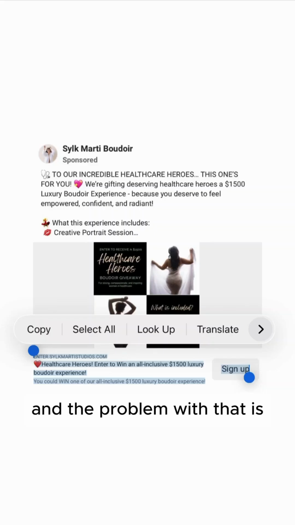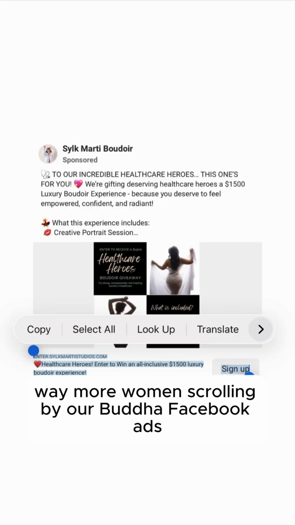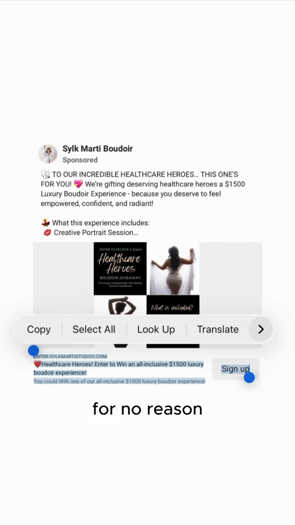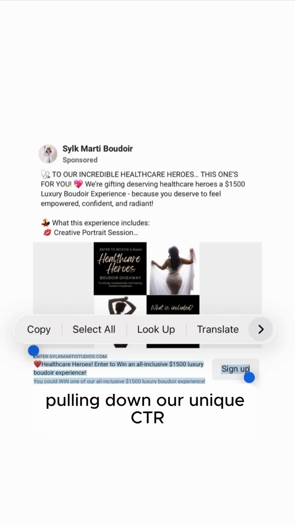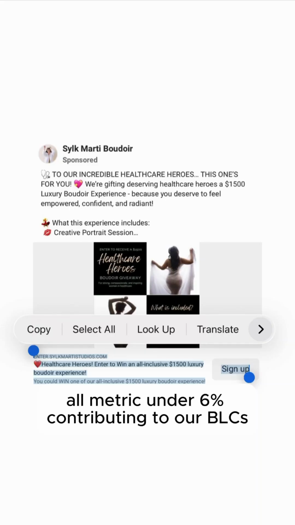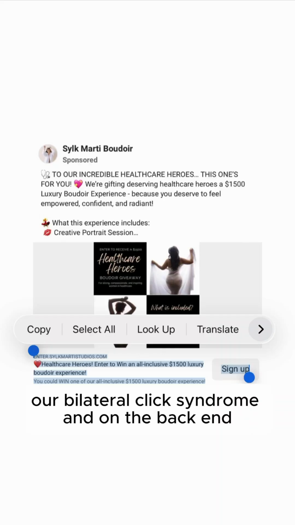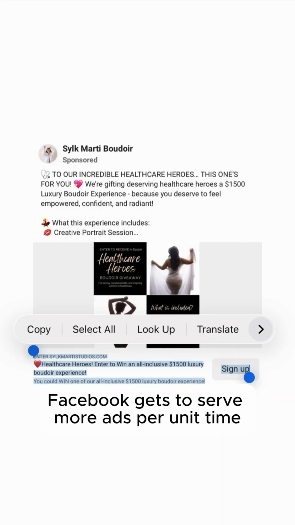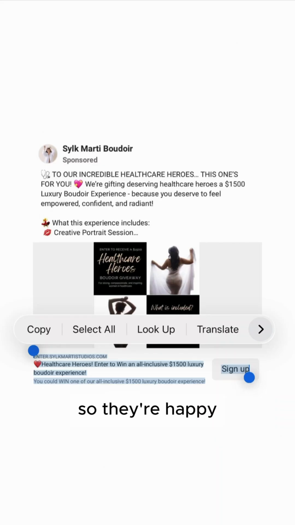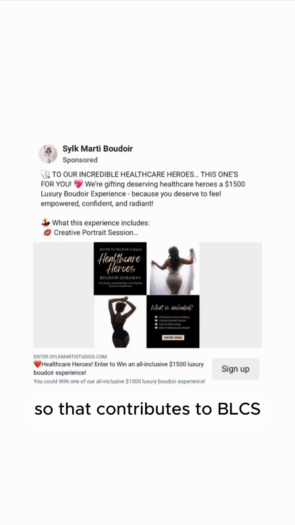And the problem with that is the consequences it causes, which is way more women scrolling by our Boudoir Facebook ads for no reason, pulling down our unique CTRL metric under 6%, contributing to our BLCS, our Boudoir low click syndrome. And on the back end, Facebook gets to serve more ads per unit time, so they're happy. And we got fleeced. So that contributes to BLCS.